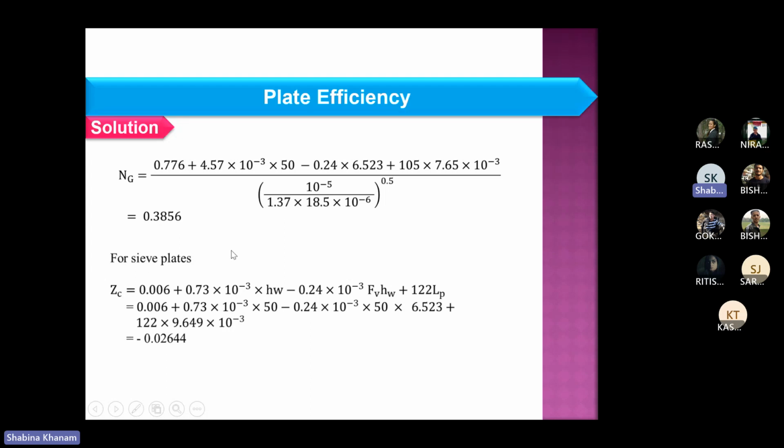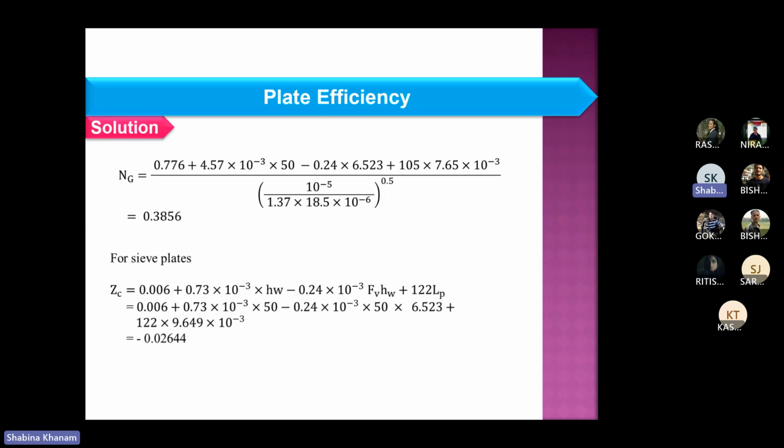Okay, so next is to find out NL, and for that NL you need ZC, ZL and TL. Okay, so ZL you already know, ZC you need to identify, that is liquid hold up, and when you consider the liquid hold up, given the value, you will find the value of ZC as negative. Okay, so here the infeasibility is there.